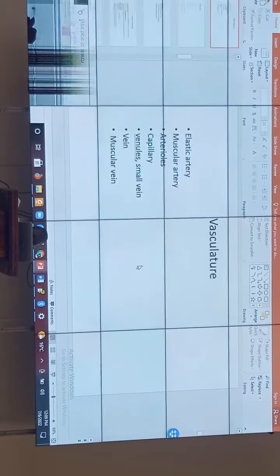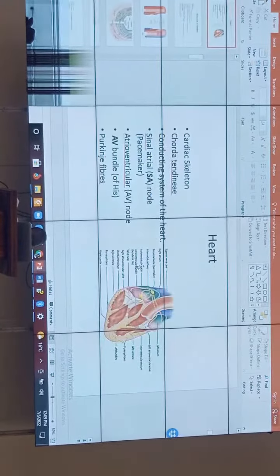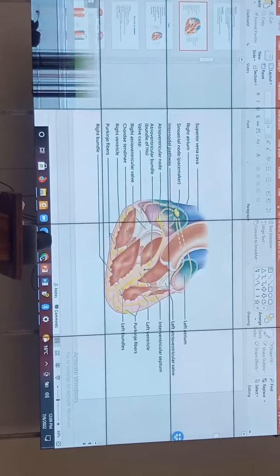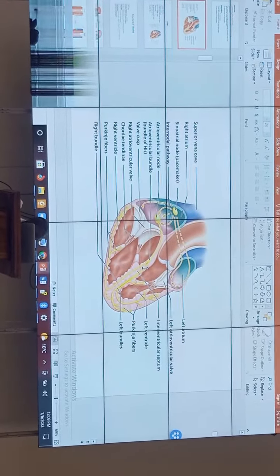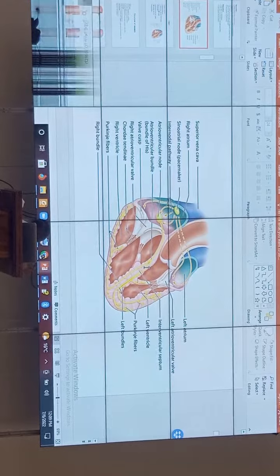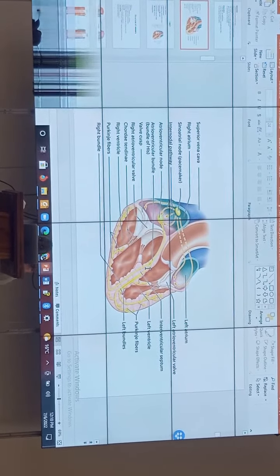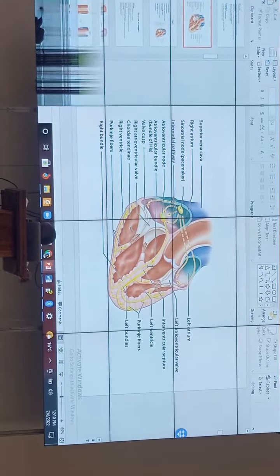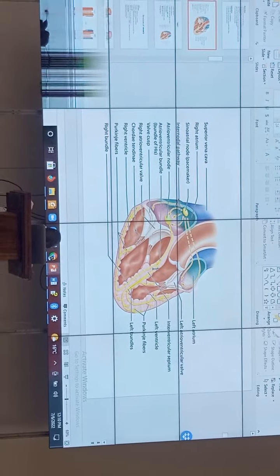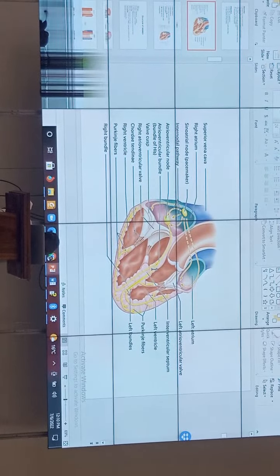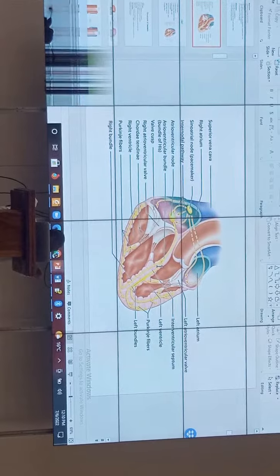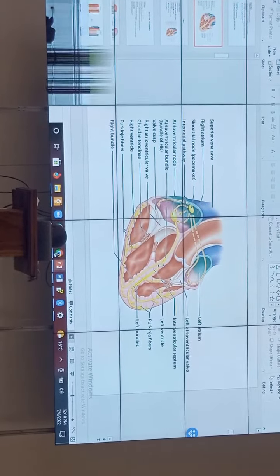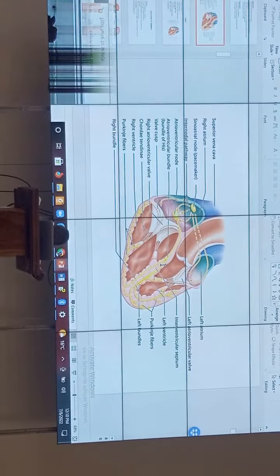We now talk about the conducting system of the heart. The heart is a structure or an organ that is ever contracting and relaxing, right? So for muscles to contract and relax, they need impulses, right? Yes.